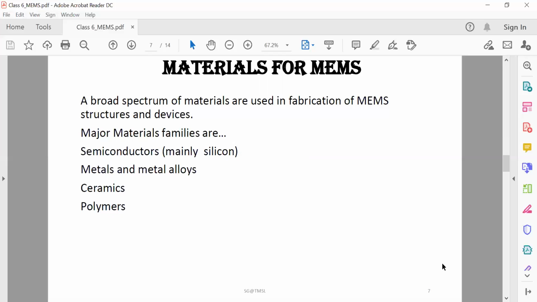Other than those, sometimes we use some ceramic materials also, and polymer materials also. So these are the four classes of materials which are used for making various kinds of micro sensors, or MEMS based devices.